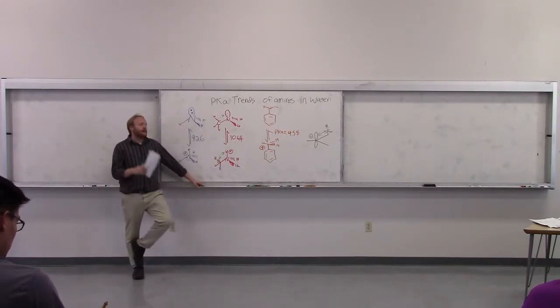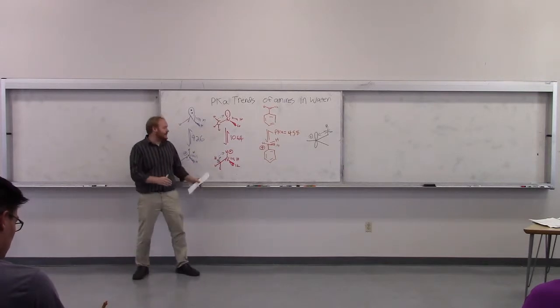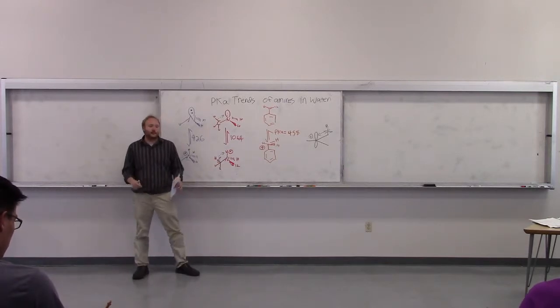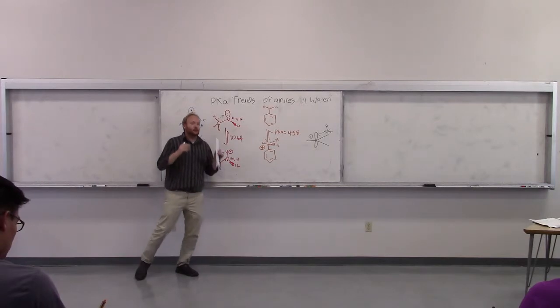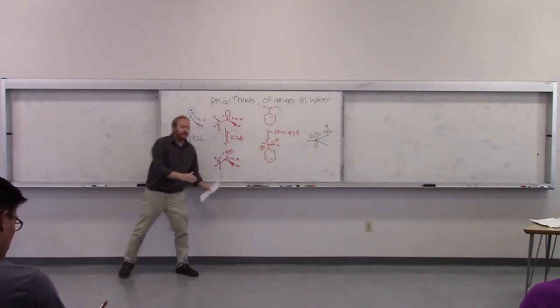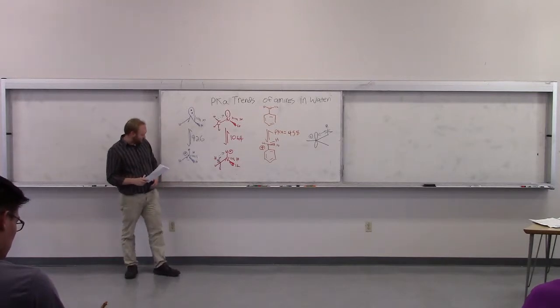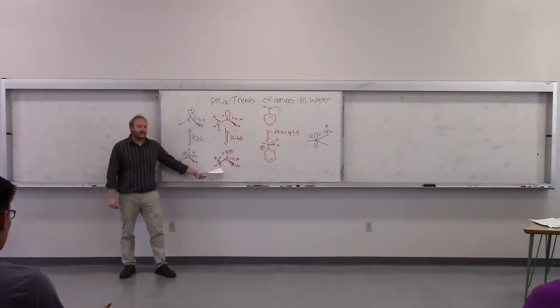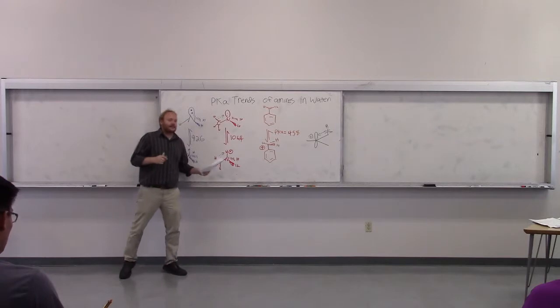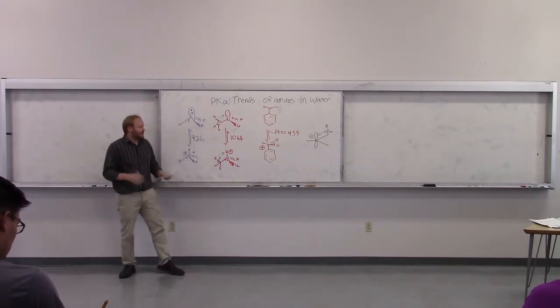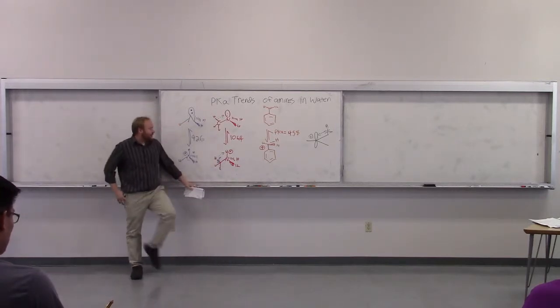In essence, it slightly stabilizes the positive charge of the nitrogen by throwing some electron density towards it. That is going to stabilize the acid, and a more stabilized acid is going to be less acidic, and so that's why we see the slight jump in pKa.